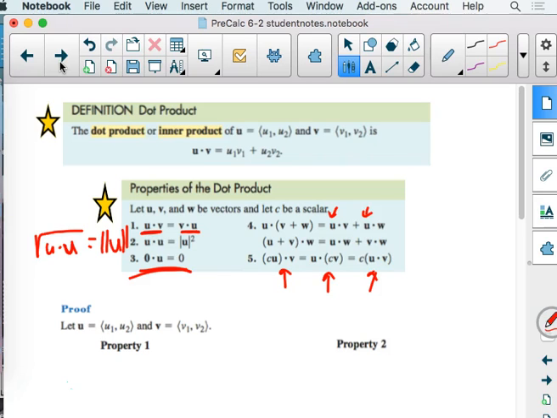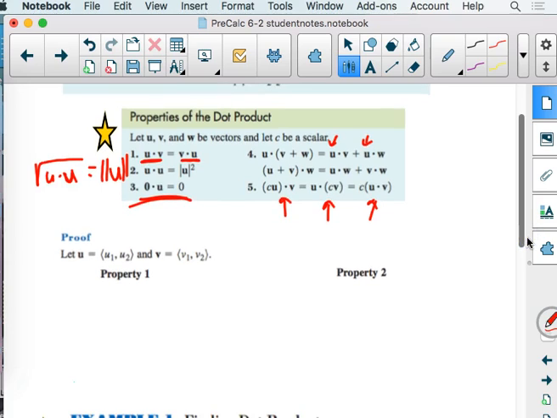So now, look at that little word, proof. Let u be in component form, u sub 1, u sub 2, and b sub 1, b sub 2. Proof of property 1. Okay, property 1 starts off like this, u times b. All right, so what I know so far is that what we're supposed to do is take u sub 1 times b sub 1 plus u sub 2 times b sub 2.